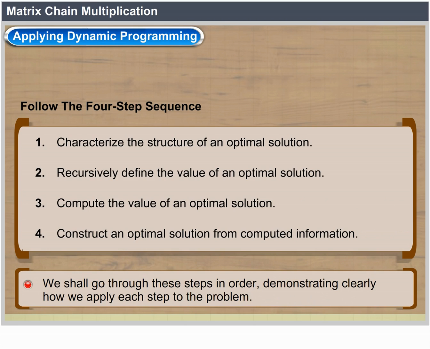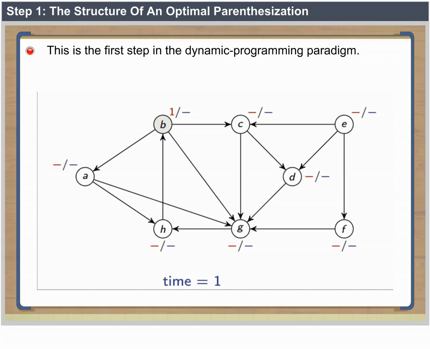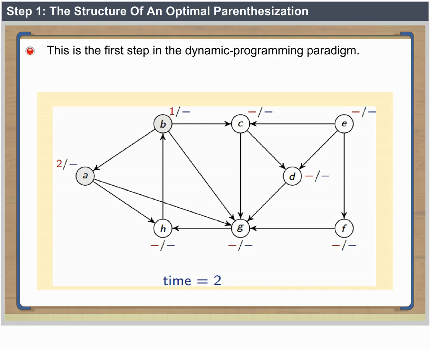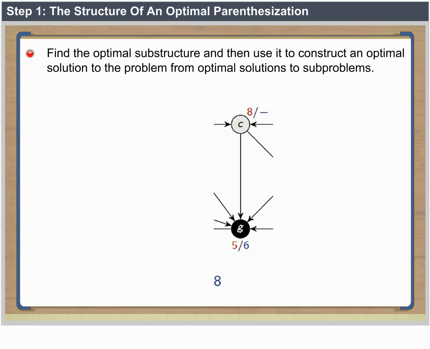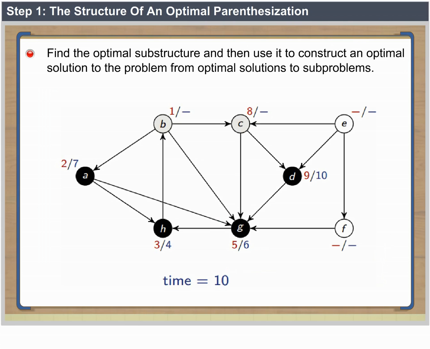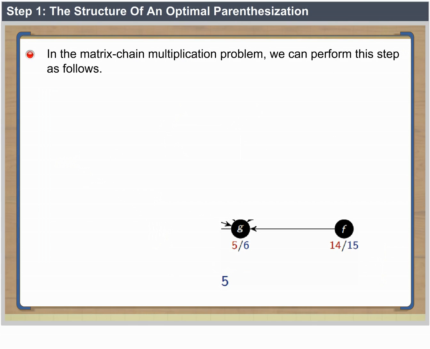Step 1. The structure of an optimal parenthesization. This is the first step in the dynamic programming paradigm. Find the optimal substructure and then use it to construct an optimal solution to the problem from optimal solutions to subproblems. In the matrix chain multiplication problem, we can perform this step as follows.